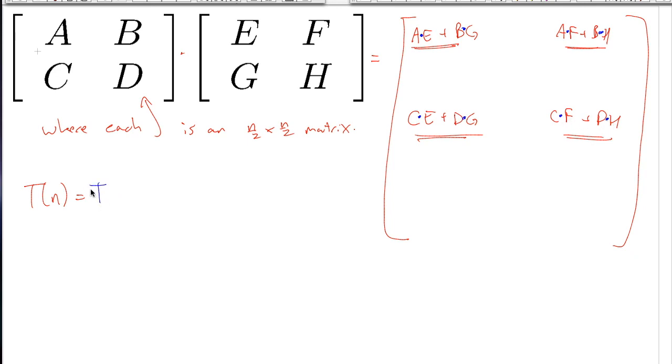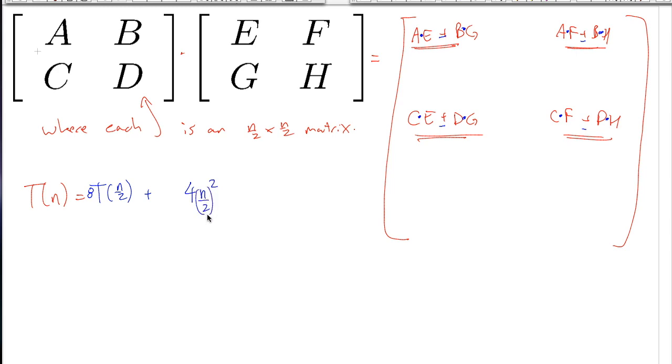So it's going to be 8 times T of n over 2. And then our algorithm requires the addition of several matrices. So we require 1, 2, 3, 4 additions of n over 2 by n over 2 size matrices. That is going to basically take 4n squared. Technically, it's n over 2 squared.